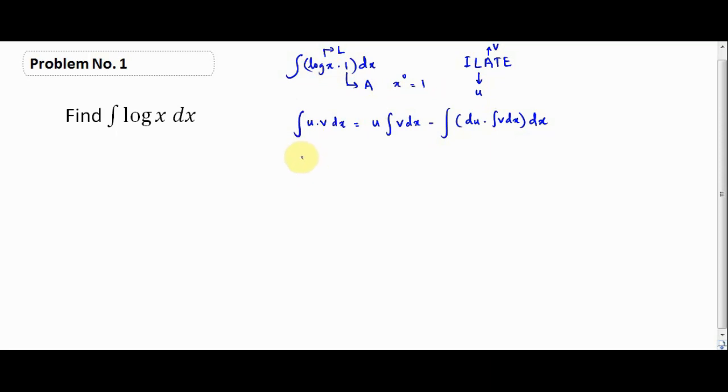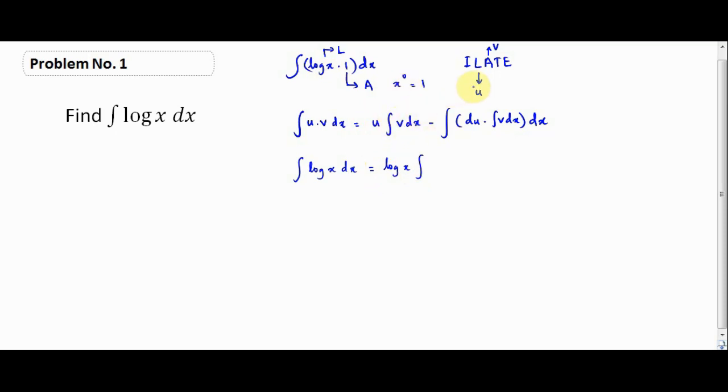Okay, so therefore integral of log x dx will be equal to u into integral of v dx. U is to be taken as log x, so log x into integral of v dx.